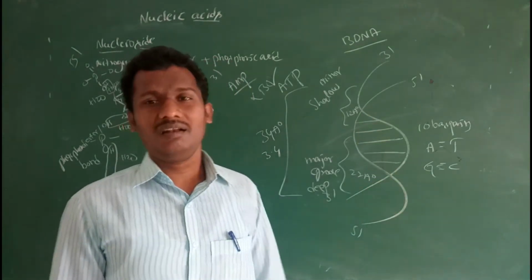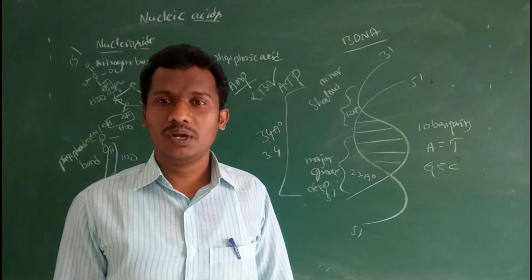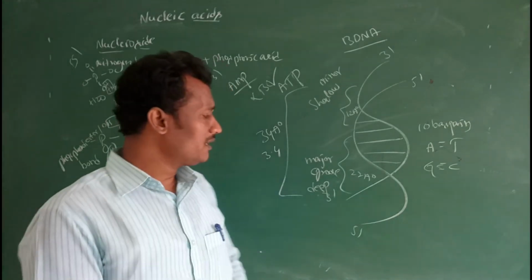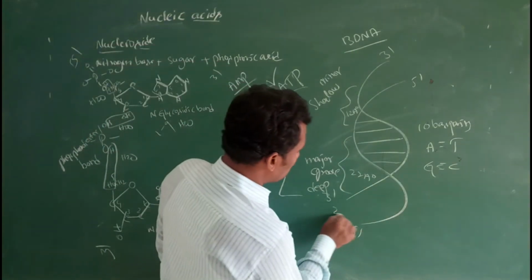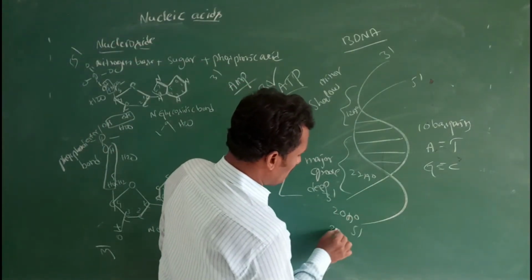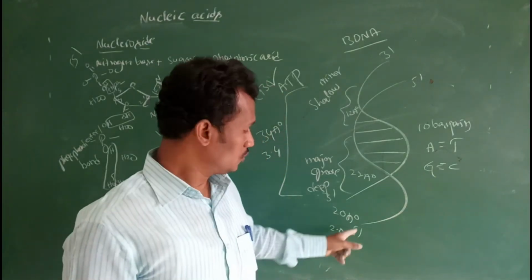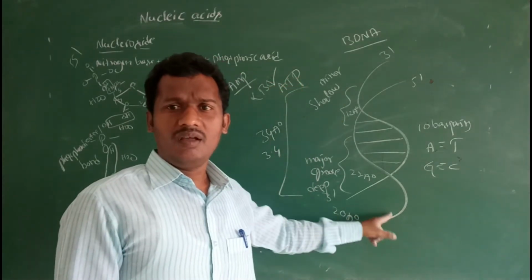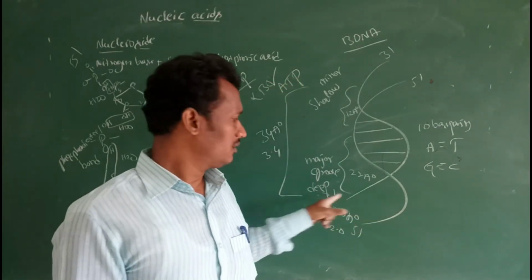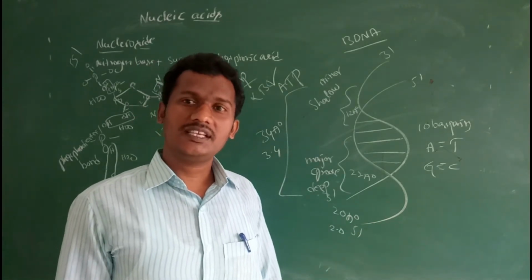So each turn has 10 base pairs, that means 20 nucleotides are present. The distance between the two strands is 20 angstroms, that means 2 nanometers. In A DNA the diameter is largest, approximately 26 angstroms.